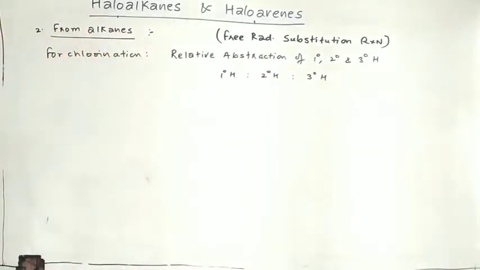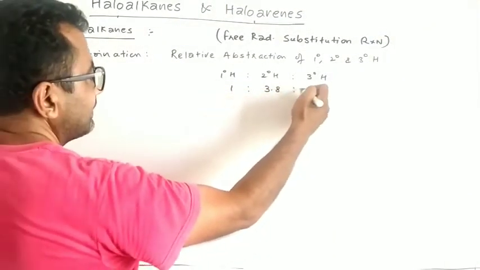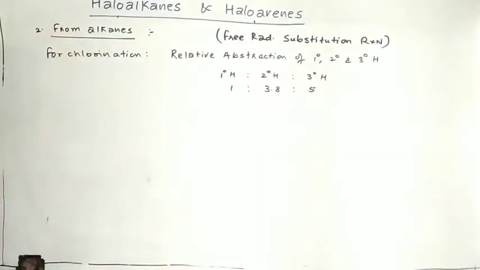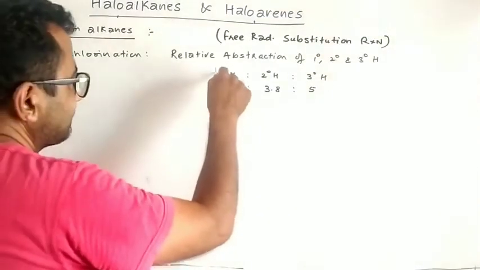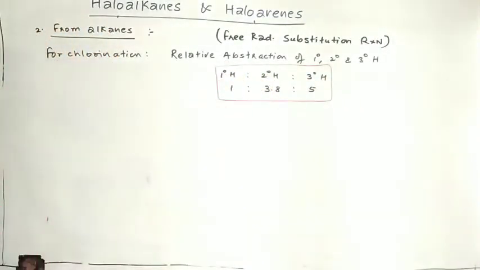So 1 degree को 1 ले लेते हैं and 3.8 and 5. This is experimental data which show that it's about 5 times easy to remove 3 degree proton as compared to 1 degree.